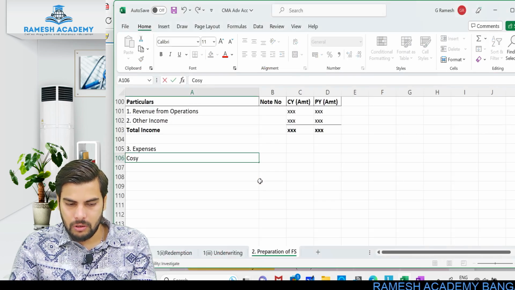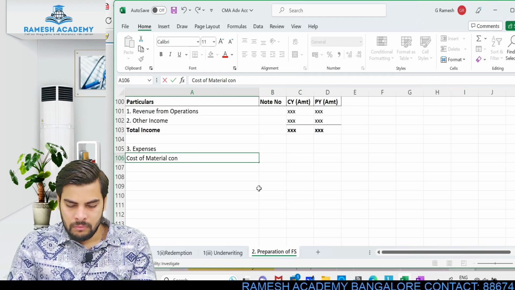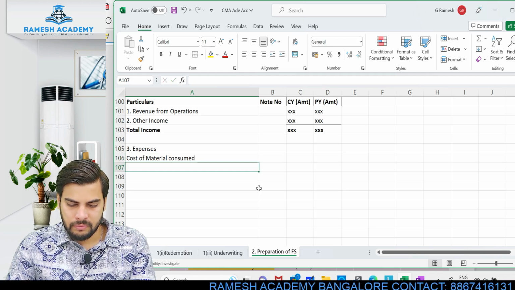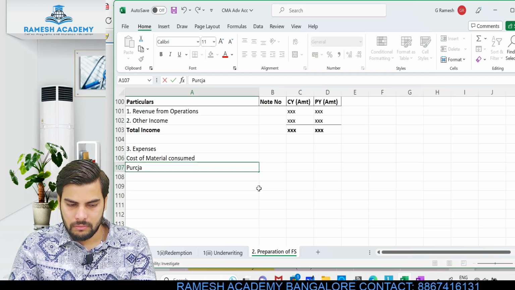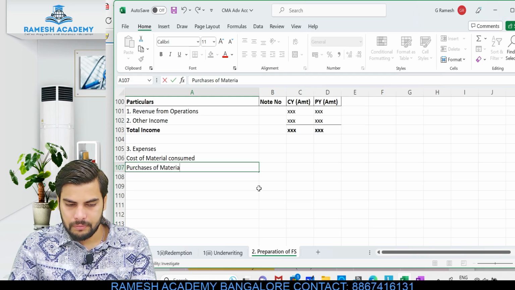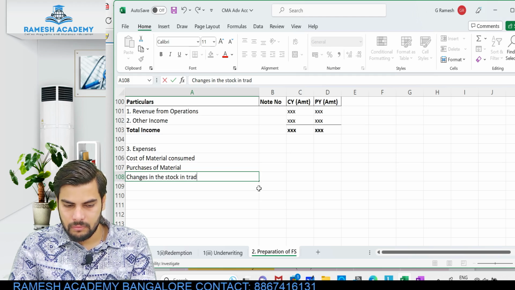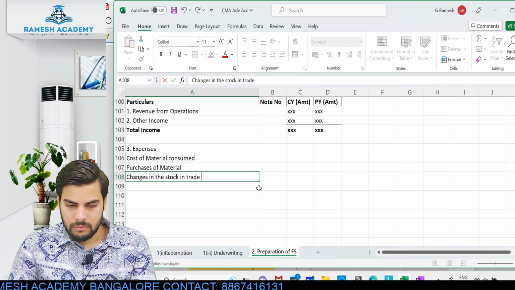So cost of purchases of material, changes in the stock in trade or work in progress.